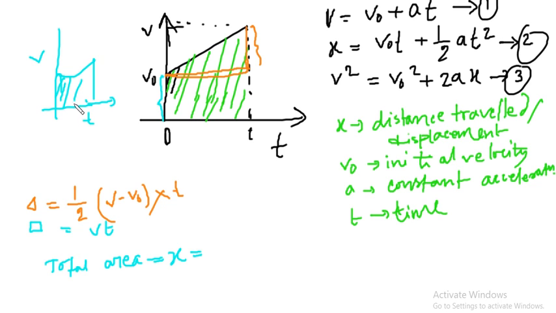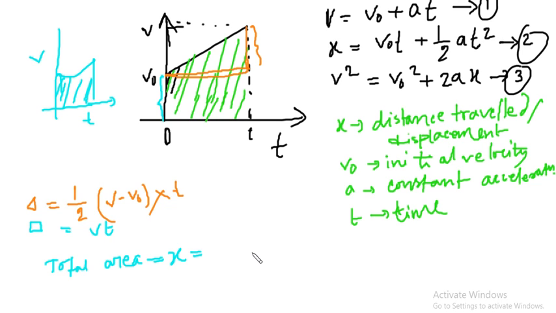So in integral calculus, you will understand this better, but we are assuming that this is true for any kind of vt graph. So in that case, total displacement is total area. So I will add these two areas, this area and that area.